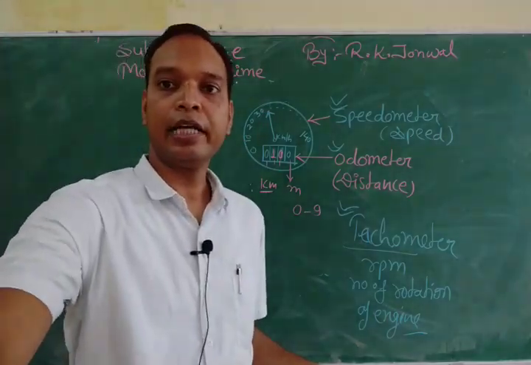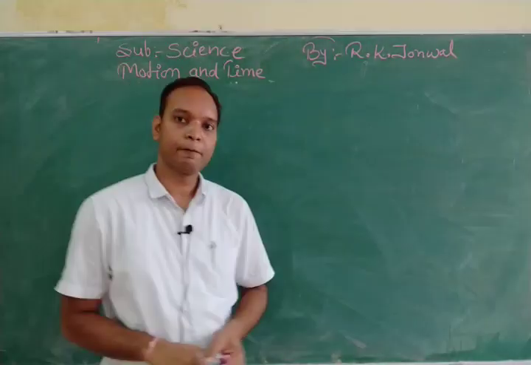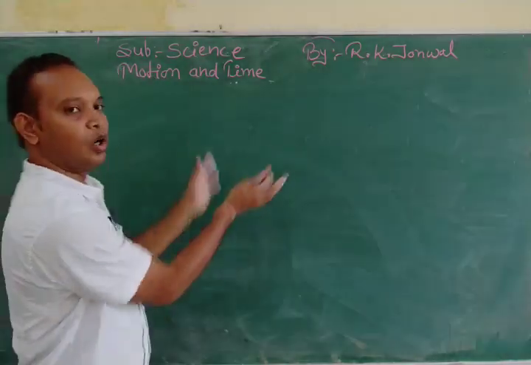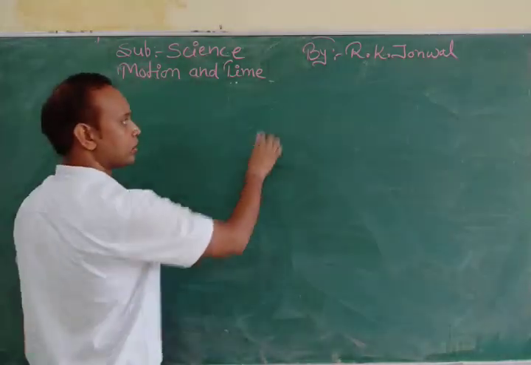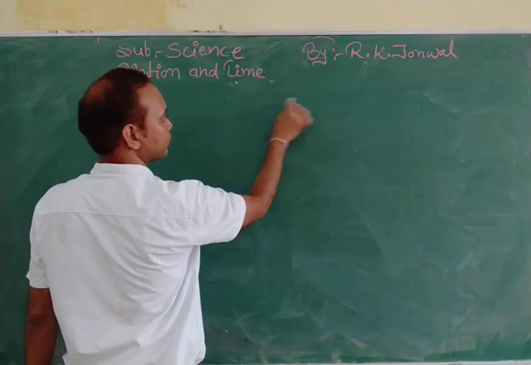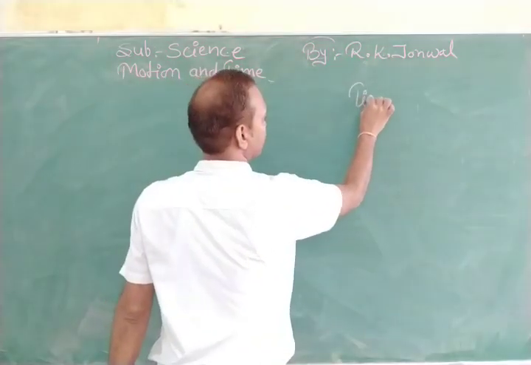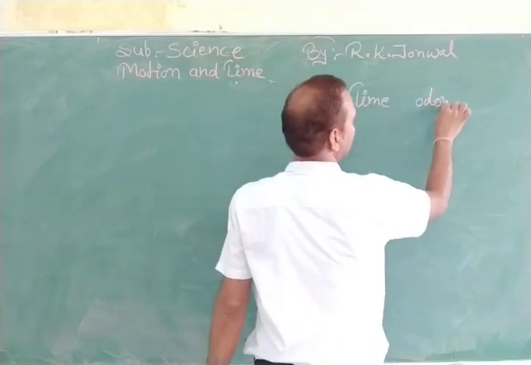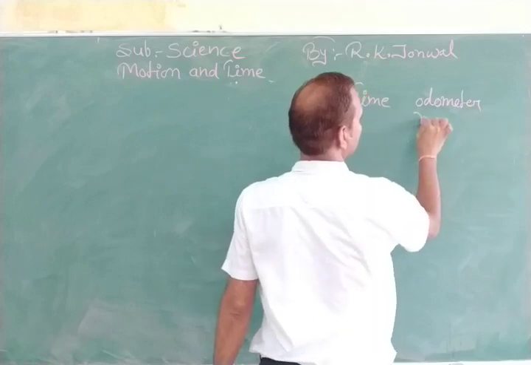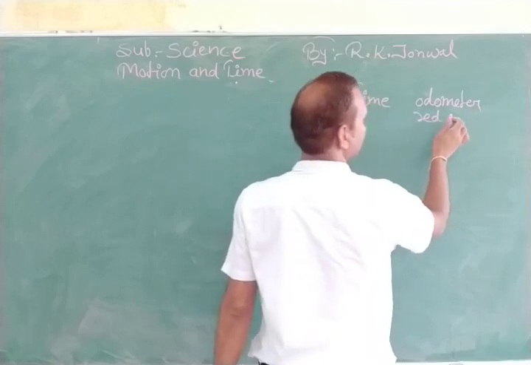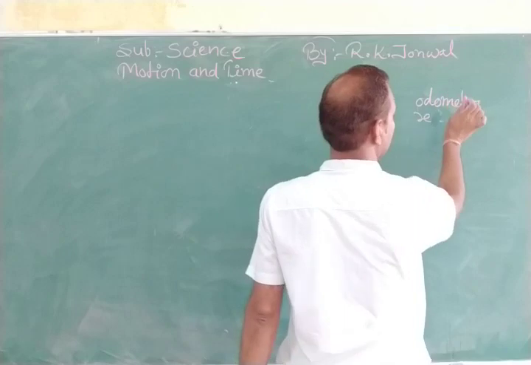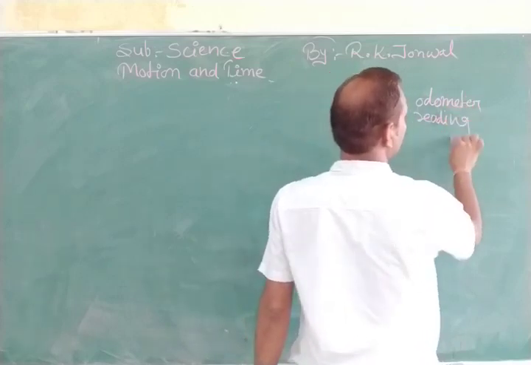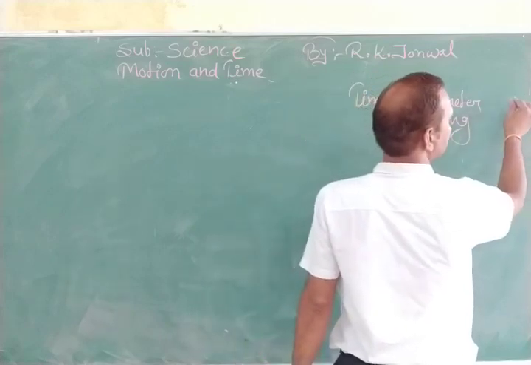Next, we take one more example of a graph. According to this odometer we can see here is the time, here is the odometer reading, here is distance.